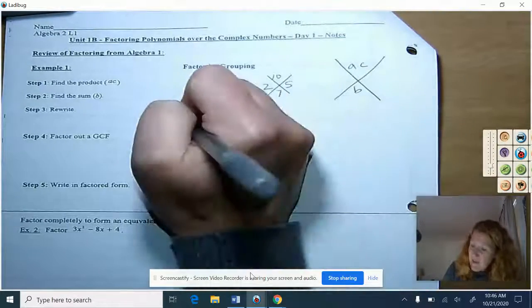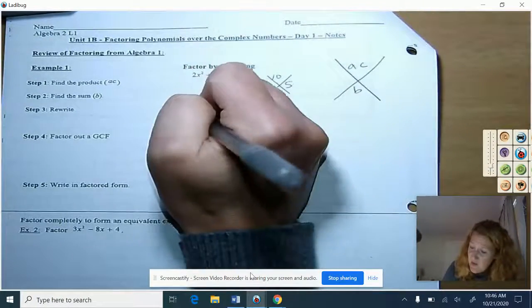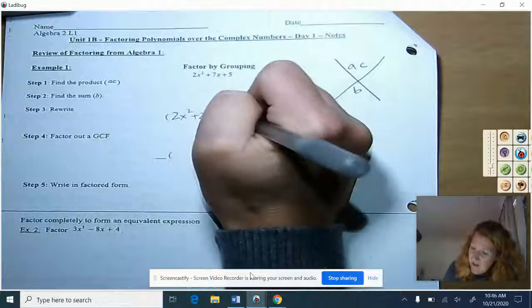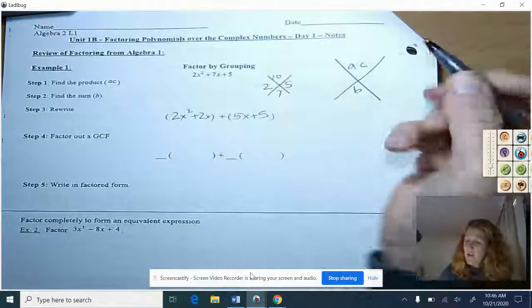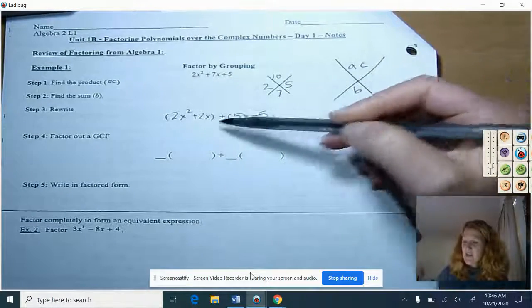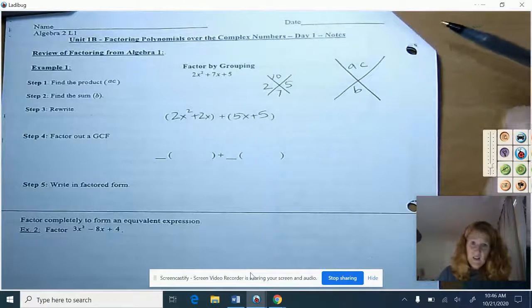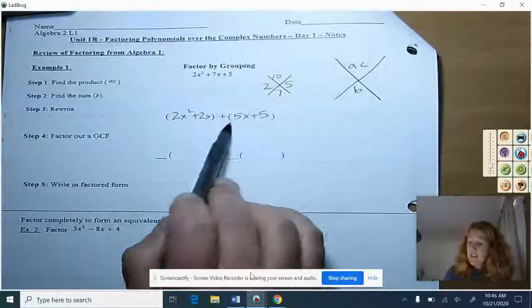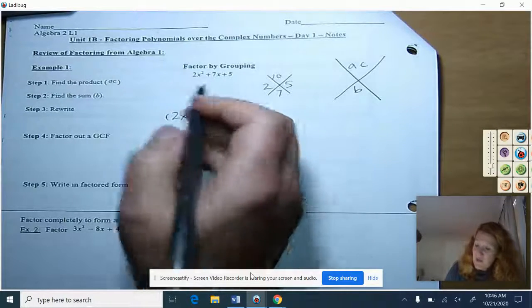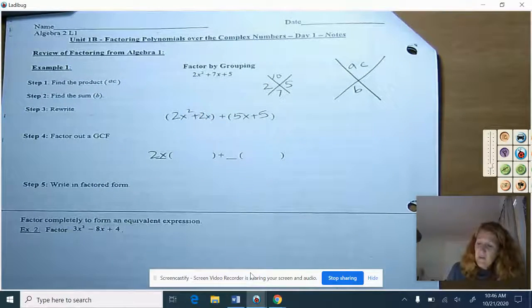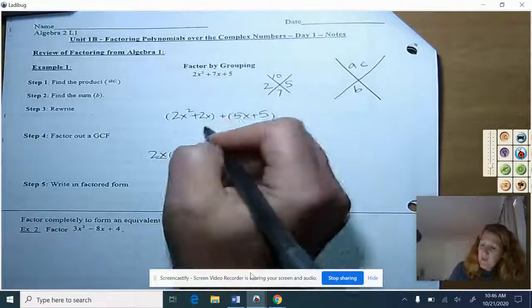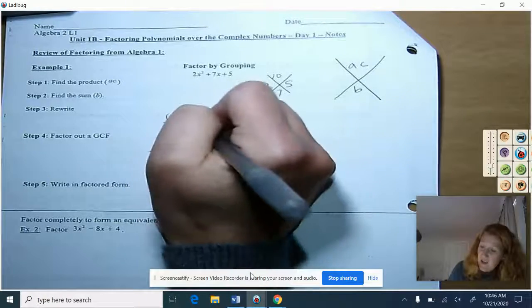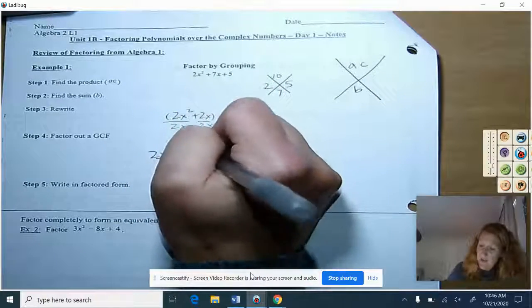So then I would write this as 2x squared plus 2x plus 5x plus 5, and then always check for equivalency. Yes, 2x plus 5x is 7x, so that's good. You're going to take out your greatest common factor here and here. In the first binomial, the greatest common factor is 2x. When you divide, you end up with x and 1, so x plus 1.